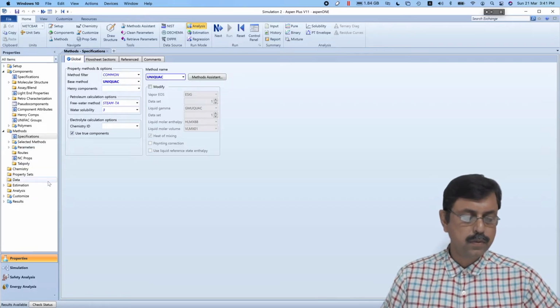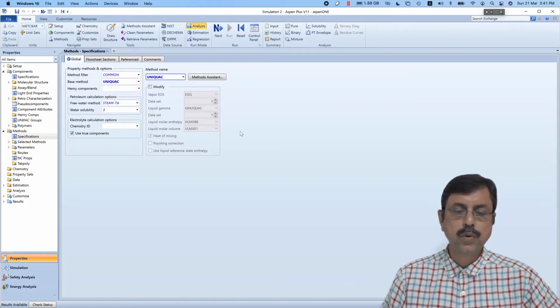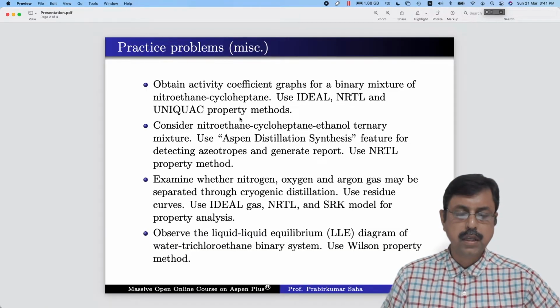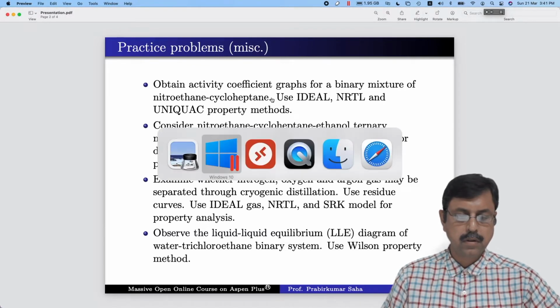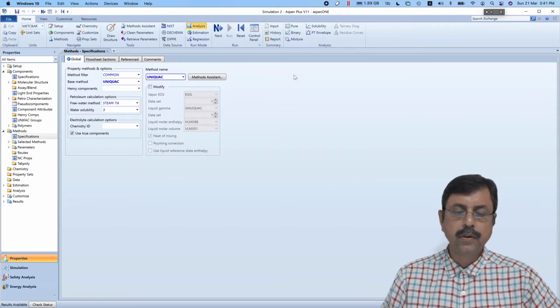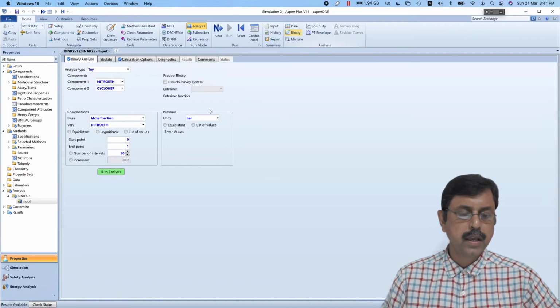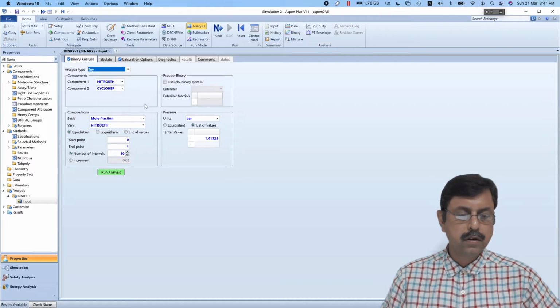Now we have to look for the activity coefficient graph of the binary mixture. So let us bring in the binaries tool. Here we have to begin with TXY.